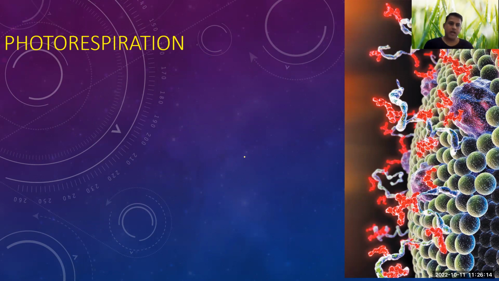To understand this process, we have to look a little at the structure of the leaf. If you look at the leaf, the top layer is the epidermis, the epidermal cells.